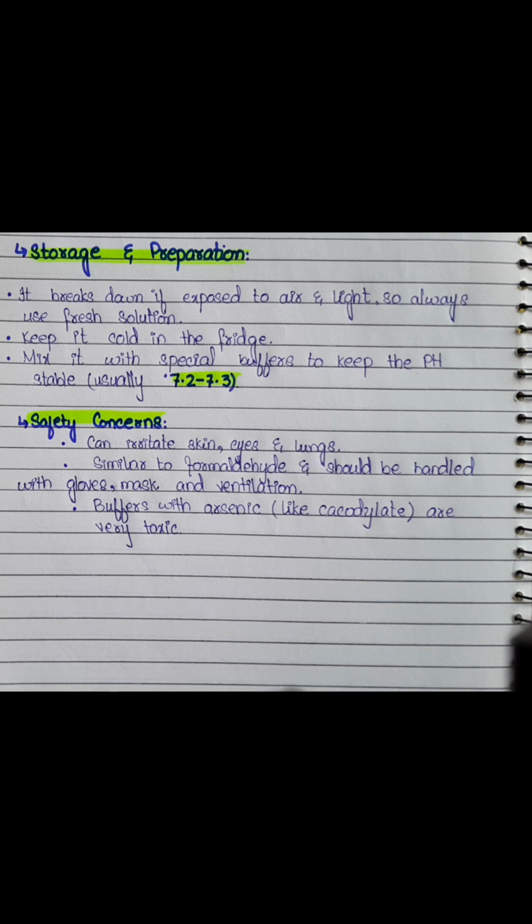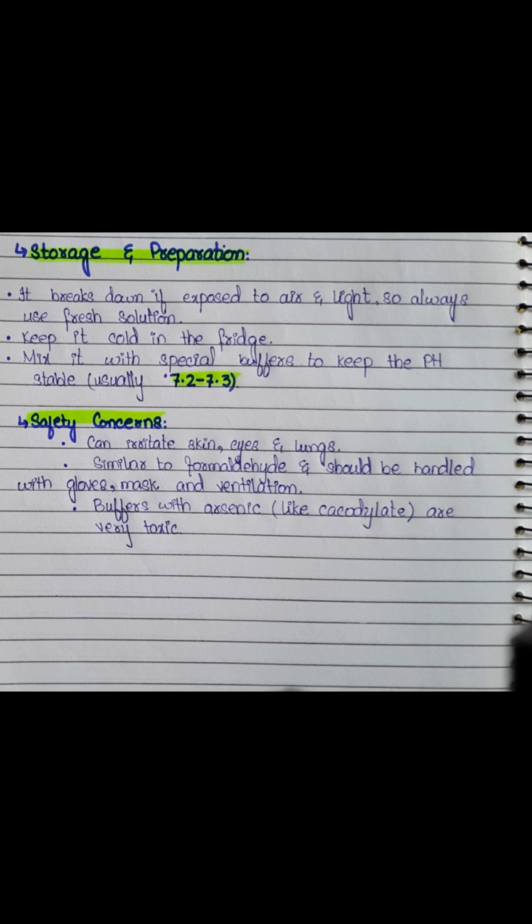The safety concerns are also important: it can cause irritation to the eyes, skin and lungs. As it is like formaldehyde, it should be handled with gloves, mask and ventilation. The buffers used for its preparation that contain arsenic, like cacodylate, can be toxic.